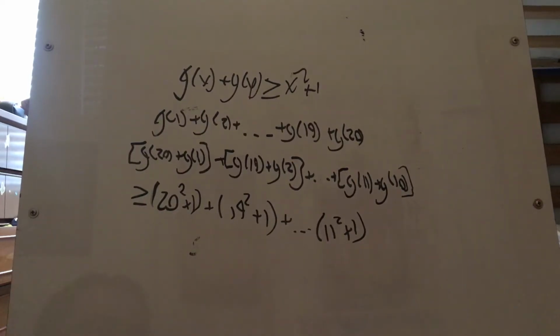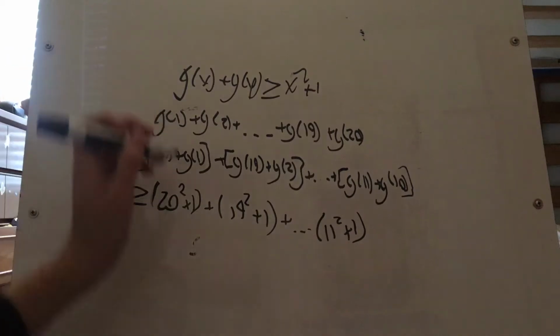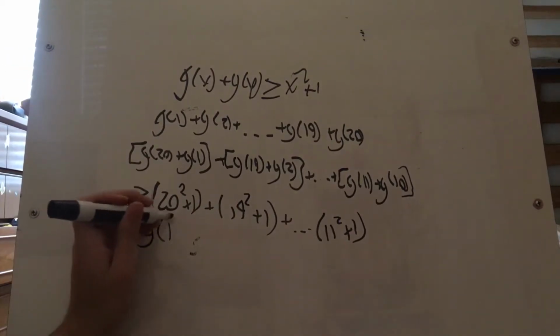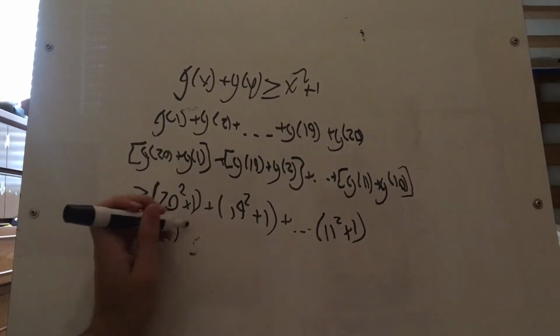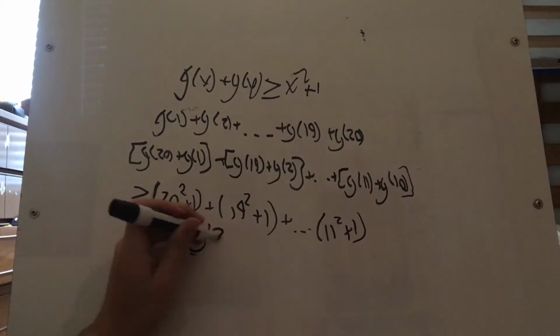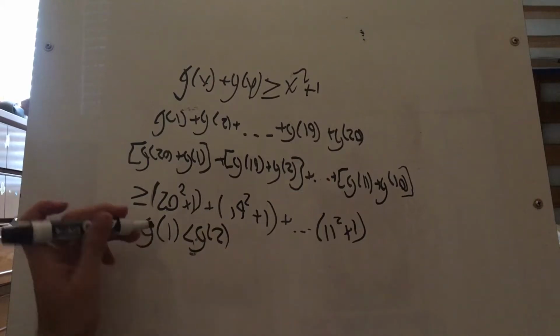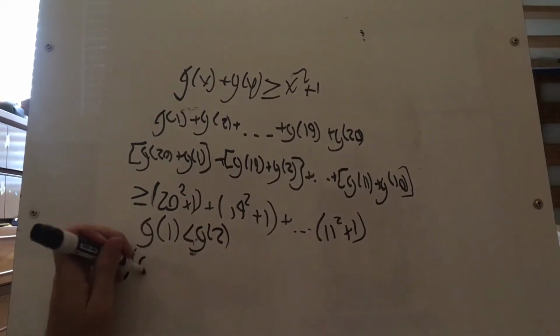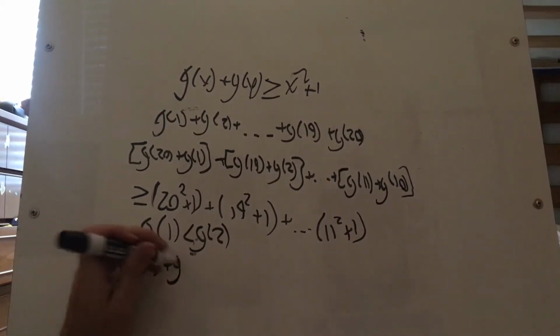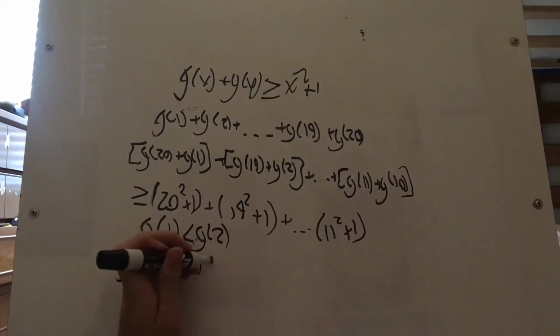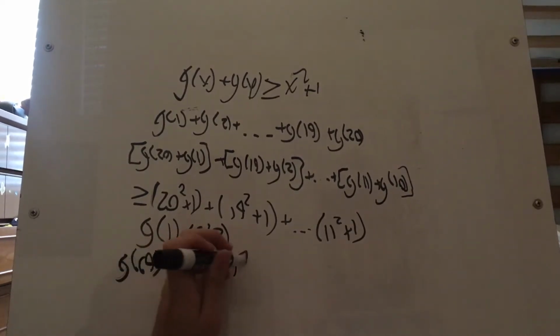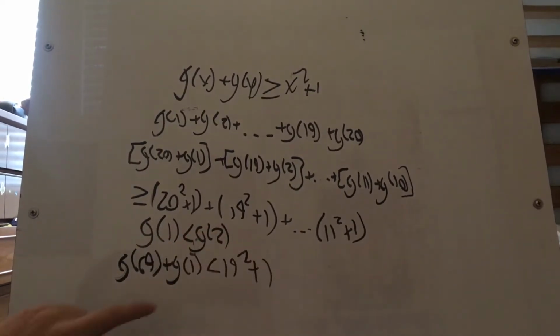Let's look at what happens if g of 1 is less than g of 2. Then g of 19 plus g of 2 is 19 squared plus 1, which means g of 19 plus g of 1 is less than 19 squared plus 1, which is a contradiction.